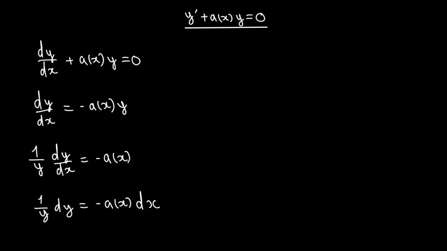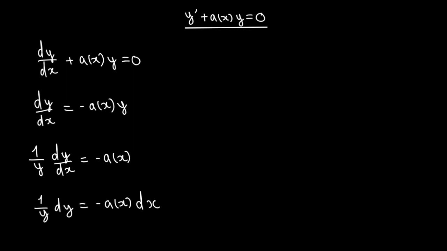And basically what we were saying is that 1 over y times a little change in y is equal to negative a of x times a little change in x. And I want to reiterate, the reason we do this is to further understand with respect to which variable we integrate on either side of the equation.